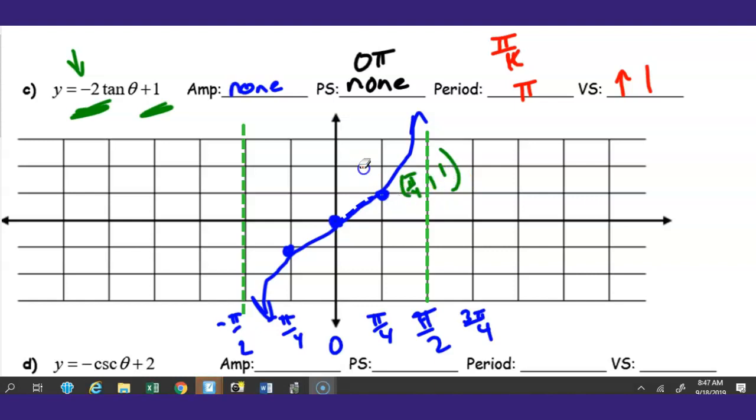We're going to multiply 1 by -2, which is -2, and then we move it up 1. This is 0, 0. If you multiply by -2, it's still 0, and then you move it up 1. And this point is -1. If you multiply -1 by -2, it'll be 2, and then you move it up 1, so it's 3. So that is our new tangent.